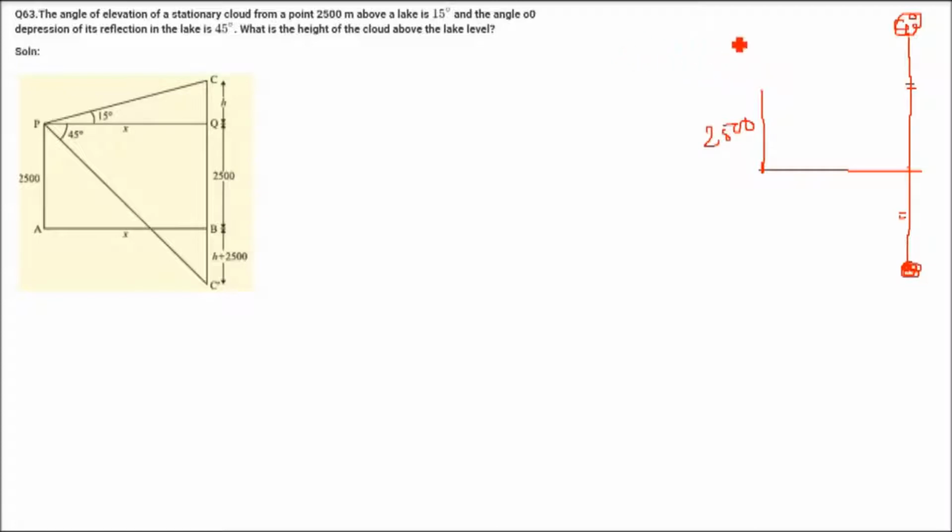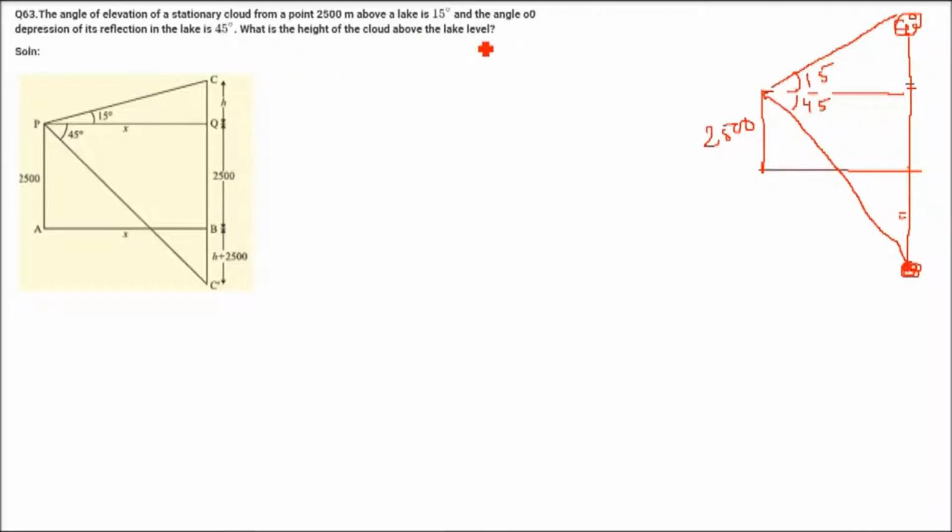The angle of elevation of the stationary cloud, so let us make a horizontal. This is the angle of elevation, given as 15 degrees. Then we have the other one, 45 degrees, which is the angle of depression.